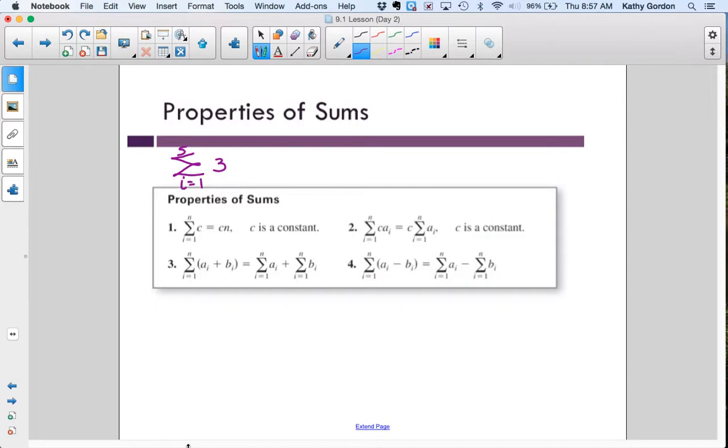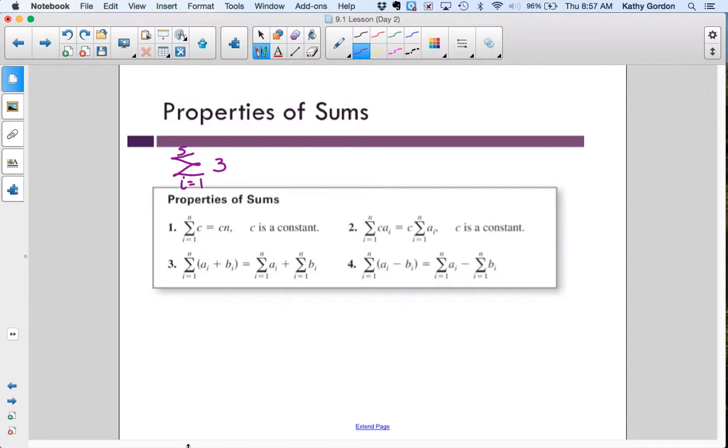So that's what this one is saying. If you have a summation of a constant, what that's technically saying is every term in your sequence was that same number. And so in order to get the series answer, you're just going to take however many of those terms you wanted times that constant, and that's going to be your answer.